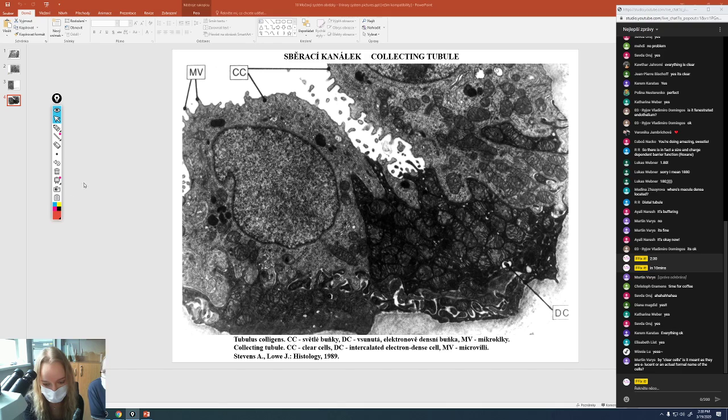Is clear cell a formal name of the cells, or does it mean they are electron lucent? It's a formal name, and this name is probably not from electron microscopy, but from their light microscopic eosinophilia.